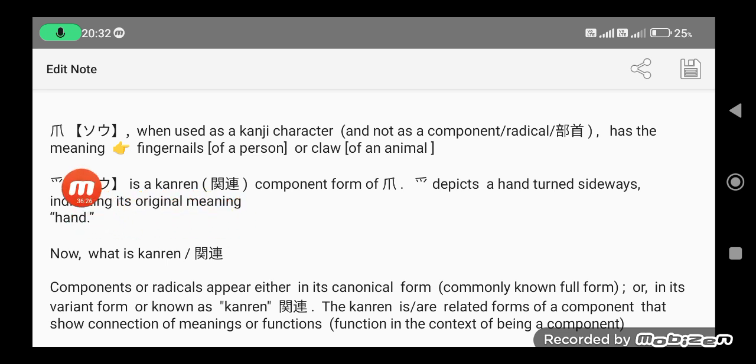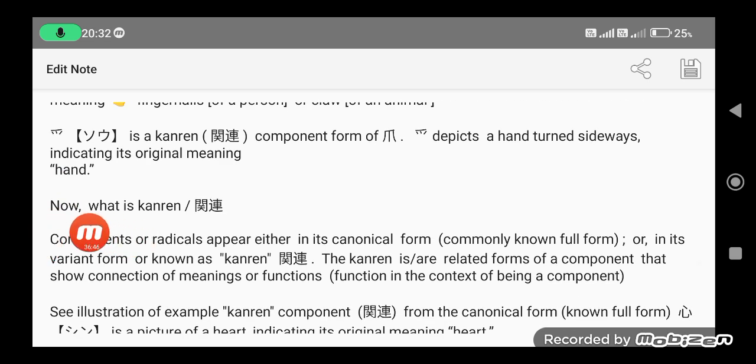Kanren, related form for the radical. A variant or related form, or kanren, of this is the canonical form. This is the kanren form of tsume or "so." This is a depiction of a hand turned sideways, indicating its original meaning, hand.